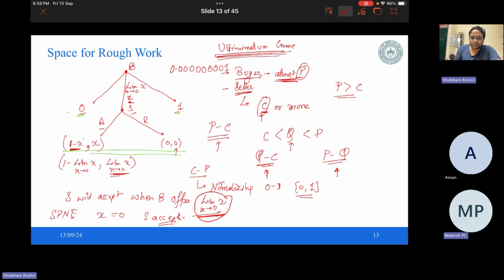Even though his profit is 0, because he is then selling at cost. Right. So you see, that is where the discount factor will come into play. If there is a discount factor, B cannot offer X. Sorry, I'm saying B cannot offer 0. There will be some value higher than 0, and in such cases, the seller will make a profit.